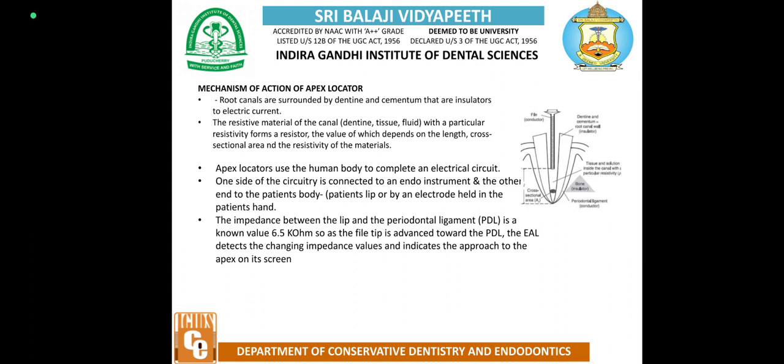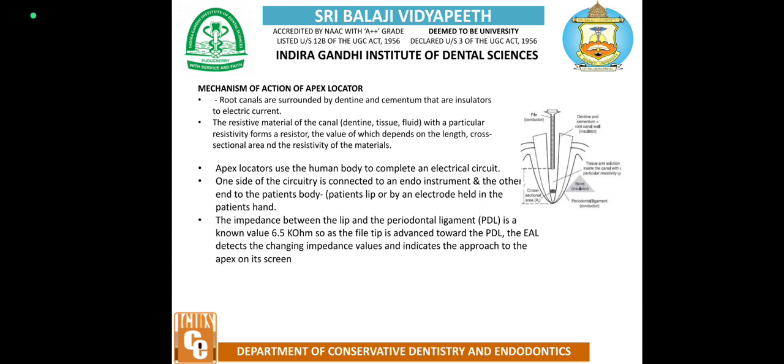Mechanism of action of apex locators: root canals are surrounded by dentin and cementum that are insulators to electric current. The resistive material of the canal with a particular resistivity forms a resistor, the value of which depends on the length, cross-sectional area, and the resistivity of the materials. Apex locators use the human body to complete an electrical circuit.